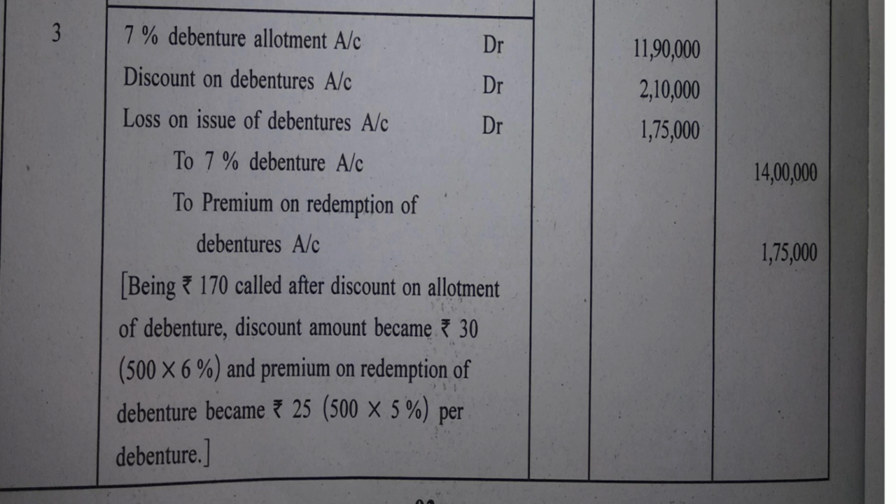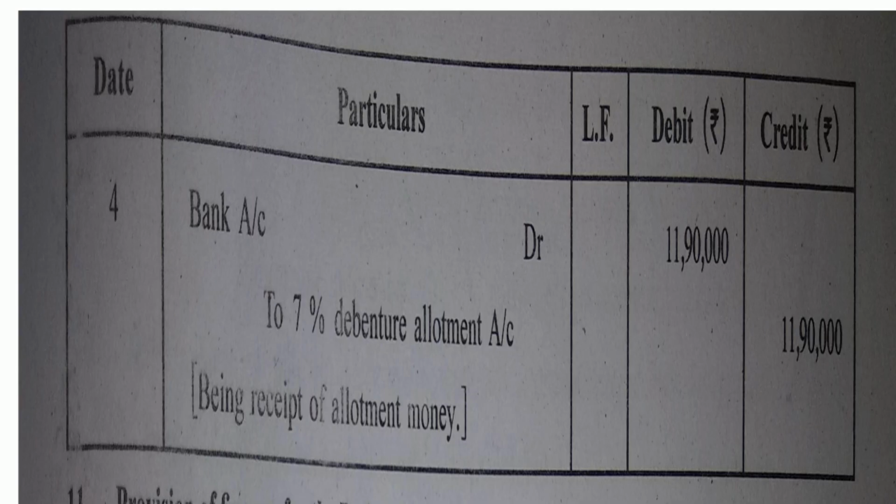So lastly, the amount of debenture allotment is received. Bank account debit 11,90,000 to 7% debenture allotment account 11,90,000. How 11,90,000? 7,000 into 170 rupees.